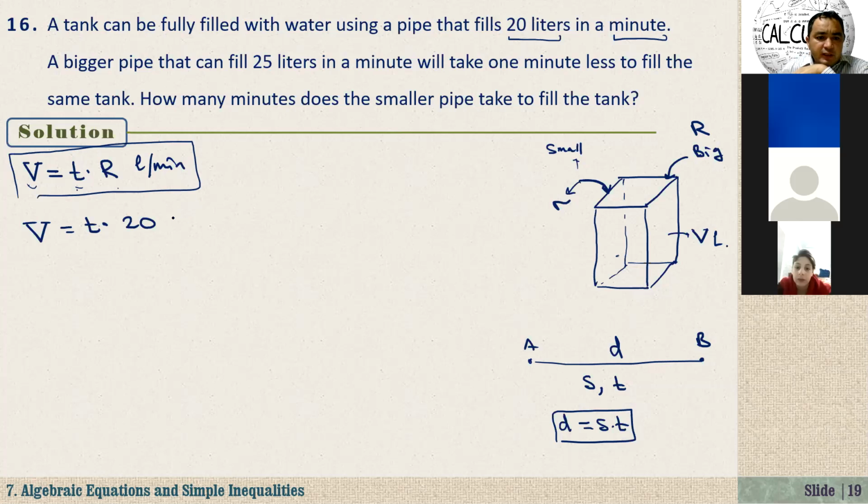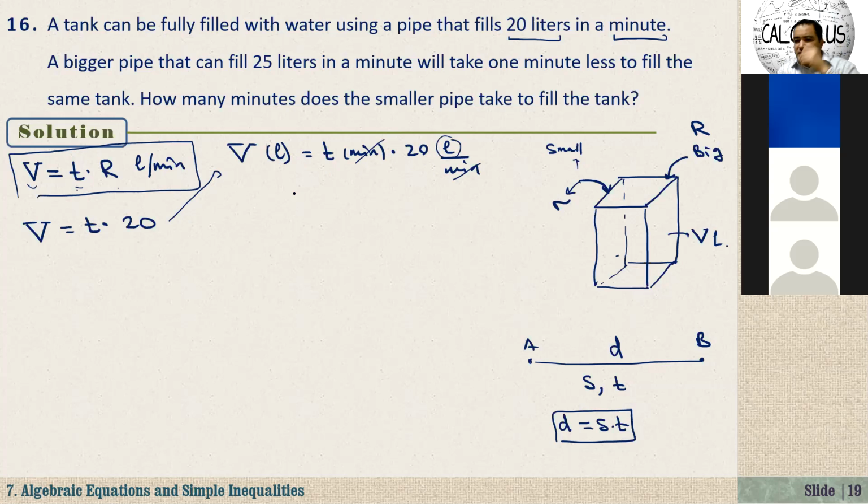So here, if I just write with units, what we have here? V liters is equal to T minutes times 20 liters per minute, right? As you see here, the minutes cancel out each other. On the right-hand side we have liters, on the left-hand side liters.